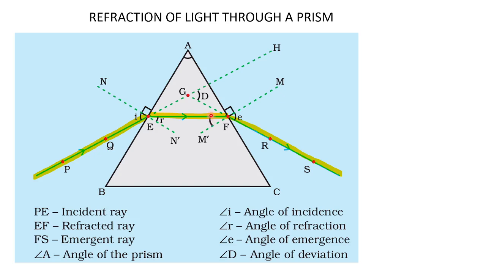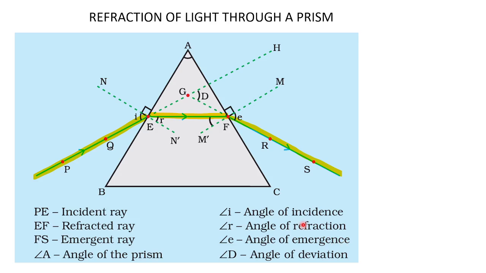The angle between the refracted ray and normal is R, the angle of refraction. The final angle is between the emergent ray and normal. The angle between the emergent ray and normal is E, the angle of emergence.